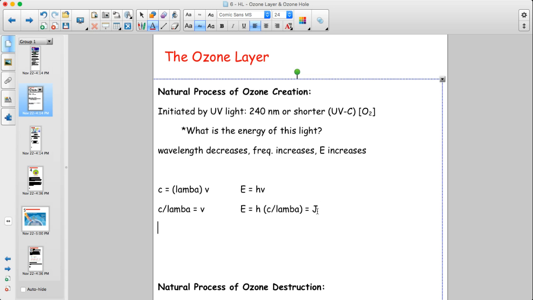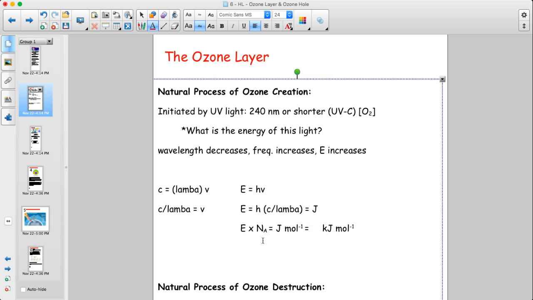If you want to know what it is per mole, you have to multiply this energy by Avogadro's number, 6.022 times 10 to the 23rd, and that will give you the energy in joules per mole. How much energy does it take to break a mole of these bonds? And then if we want to get really crazy, we could convert it to kilojoules by dividing it by 1,000.